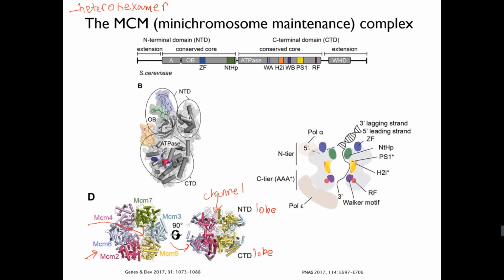So there are a few odds and ends and different bits and pieces that I've shown you here. Up here is a schematic of the domain structure of the helicase. Each of these subunits has the same domain structure. All I want to take away from this is that it has a domain that is responsible for ATP hydrolysis.